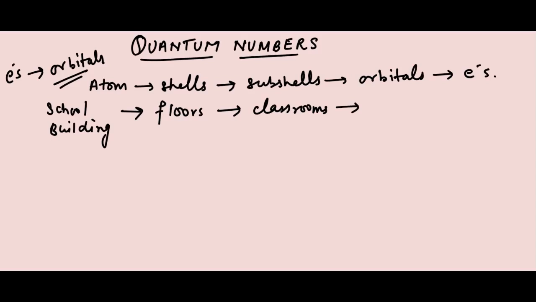In the classrooms, there are desks, and the students are sitting at the desk. Maximum, how many students can sit? 2 students can sit. So you can relate the school building with the atom.